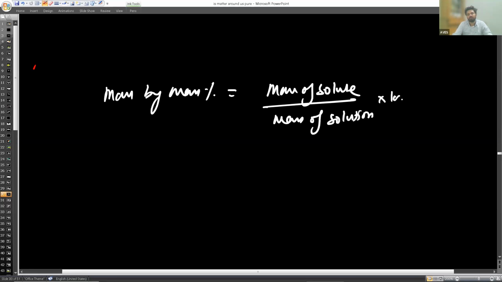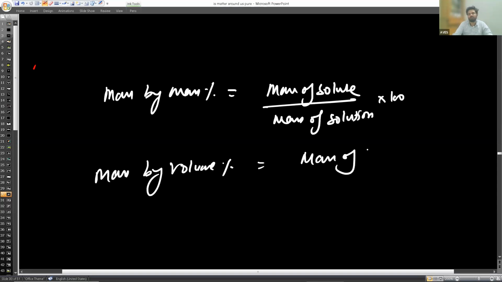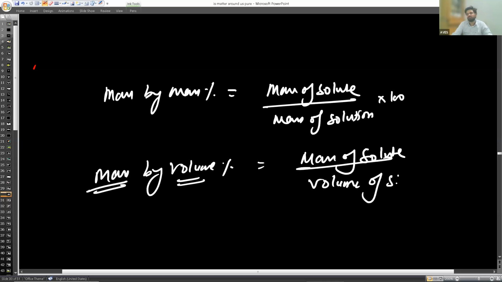into 100. Second is mass by volume percentage, that is mass of solute upon volume of solution. If it is mass at the first, we use mass, and volume at the second, so it will be volume of solution. If it is in gram, then it should be in ml, into 100.